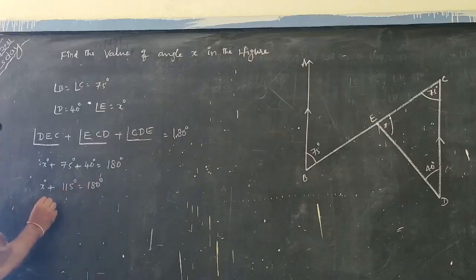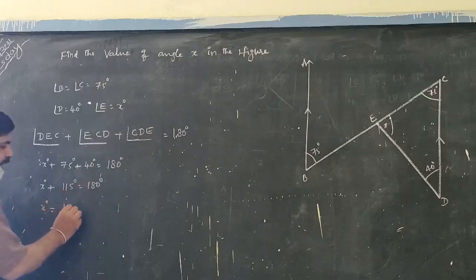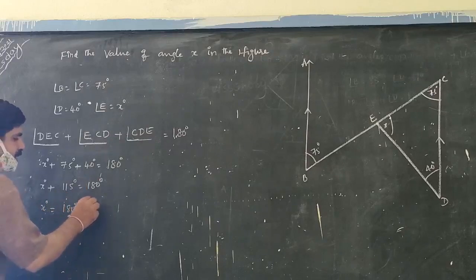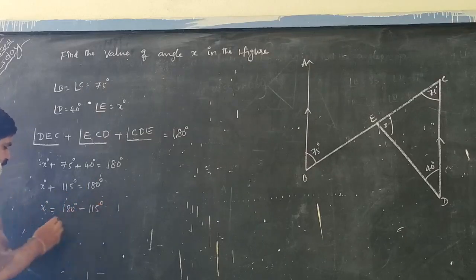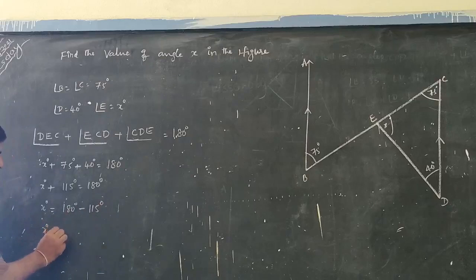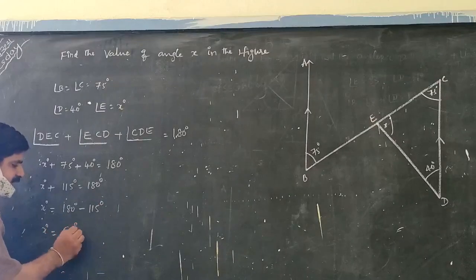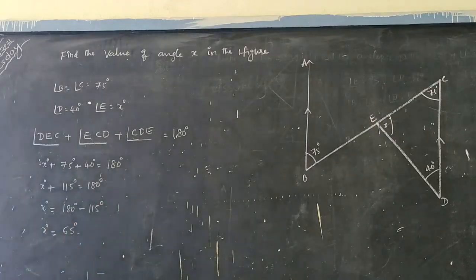Angle x is equal to 180 degrees minus 115 degrees, which is 65 degrees. Angle x is equal to 65 degrees.